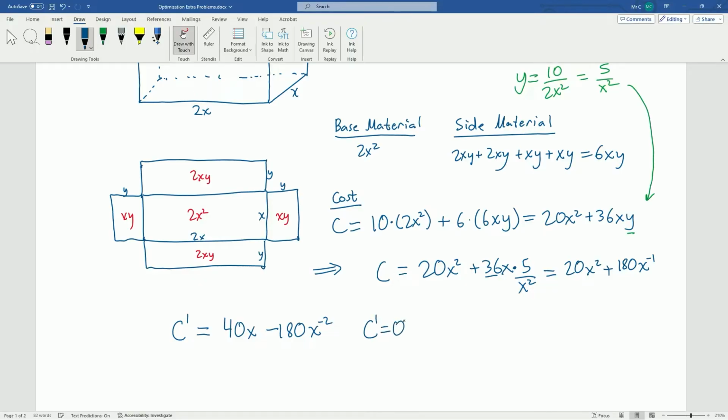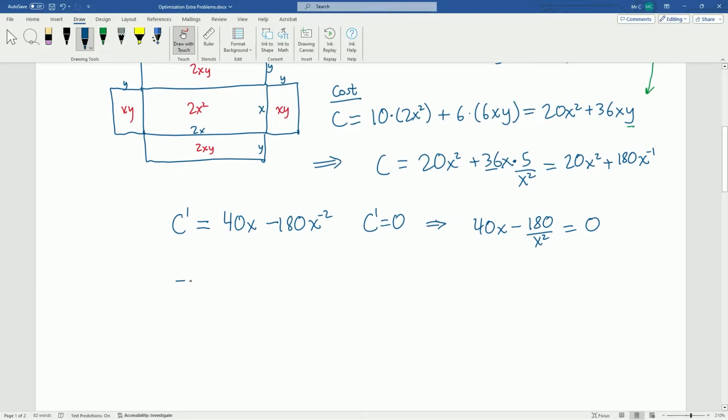Okay, so we want c prime to be 0. I'm going to rewrite that as 180 over x squared instead of x to the negative second. Okay, we'll move our negative term to the other side. We get 40x equals 180 over x squared.